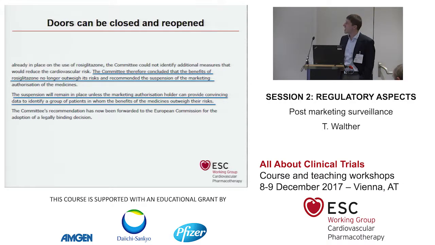Whenever such a thing happens and there is a recommendation for suspension from a market by the EMA or by the FDA, read the next sentence: it does not mean that the door is closed forever.